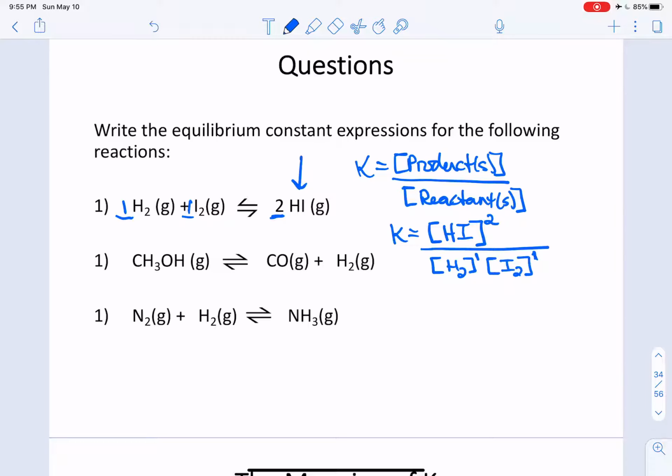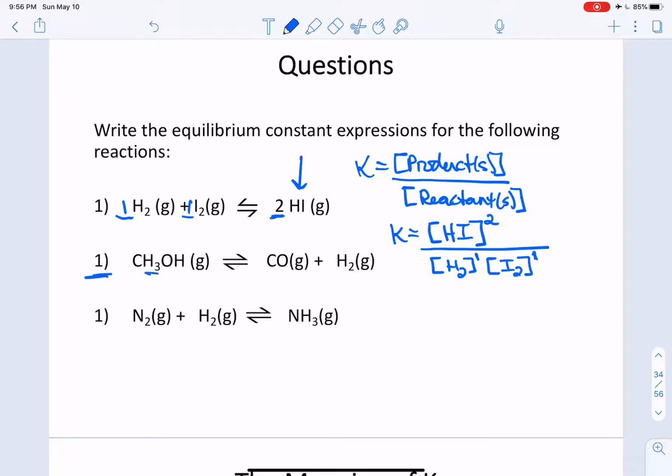Okay. The second number 1 right here, we have methanol. CH3OH is methanol. And we have that decomposing into carbon monoxide and hydrogen gas. So first of all, are you balanced there? You've got 1 carbon on each side, and you've got 1 oxygen on each side.